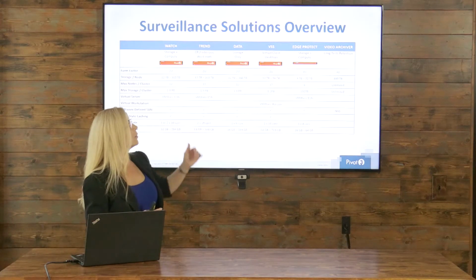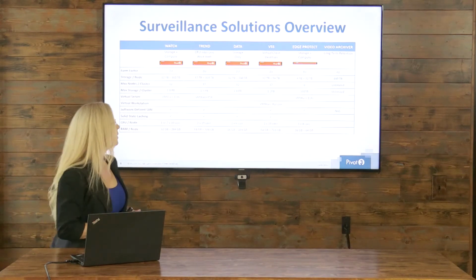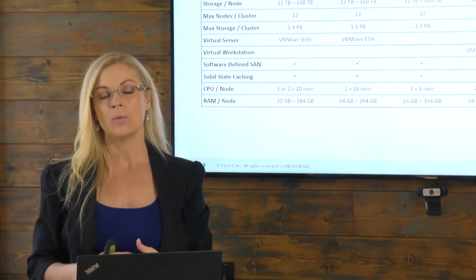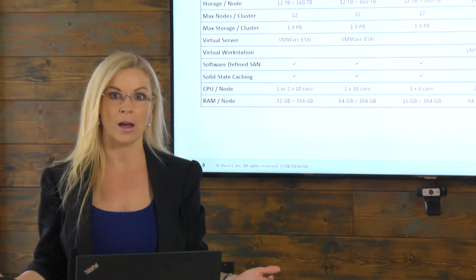And then we have our video archiver, which is built for long-term retention. This is a 4U 480 terabyte appliance, and you can stack an unlimited number of these together. It is ideally suited for customers who have regulatory compliance requirements, where they're required to keep and maintain video for a long amount of time.